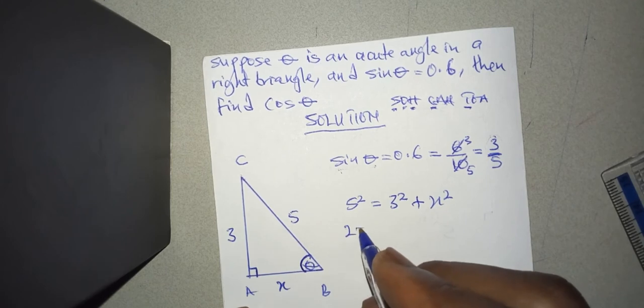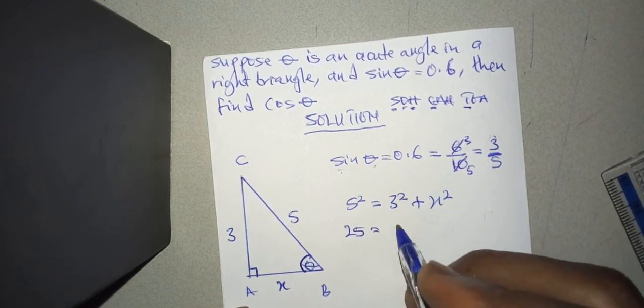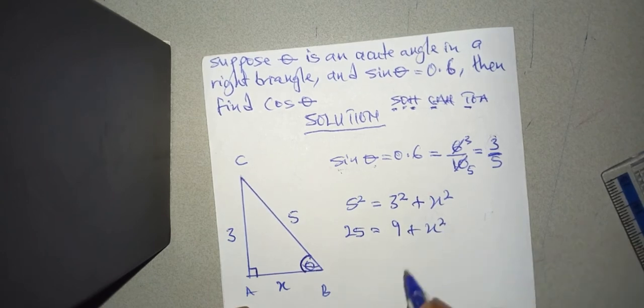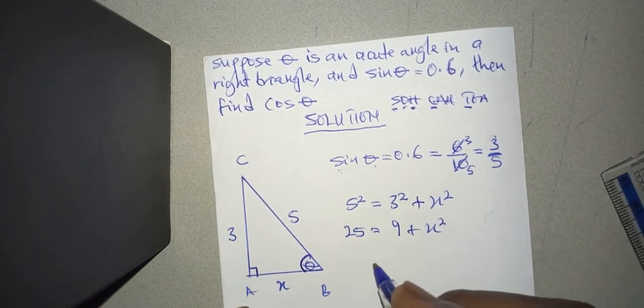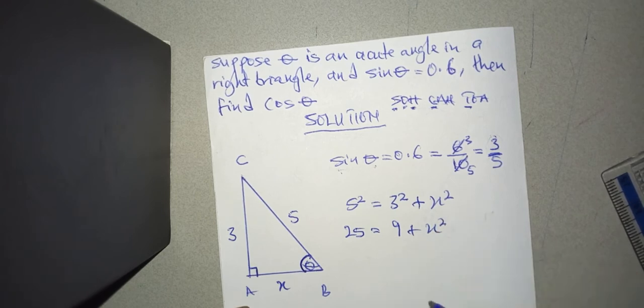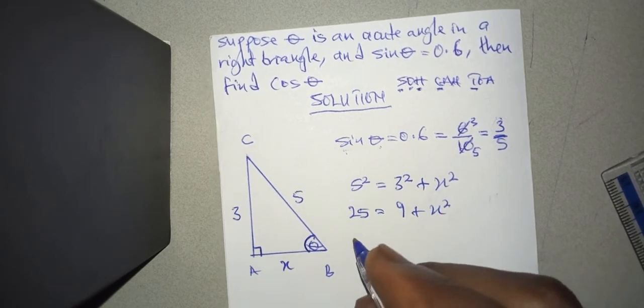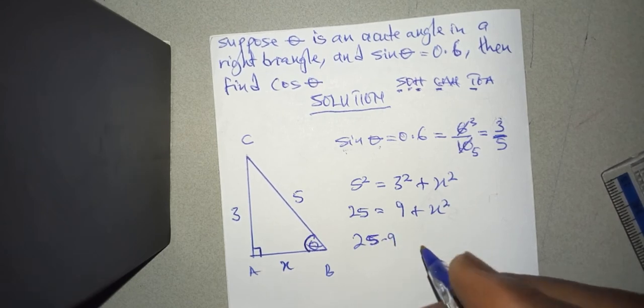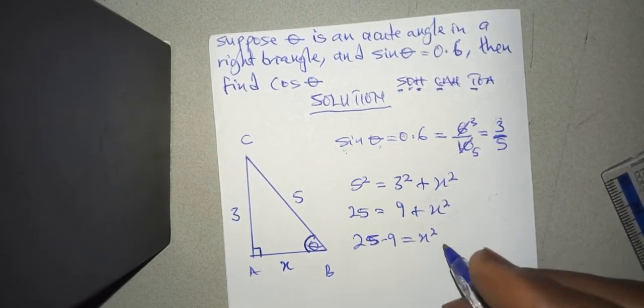Now I have 25 here, because I have 9 here plus S squared. Let me group like terms first. So 25 minus 9 equals S squared.